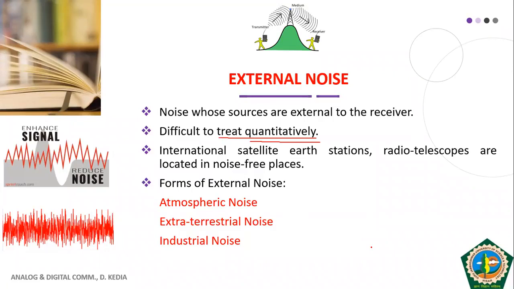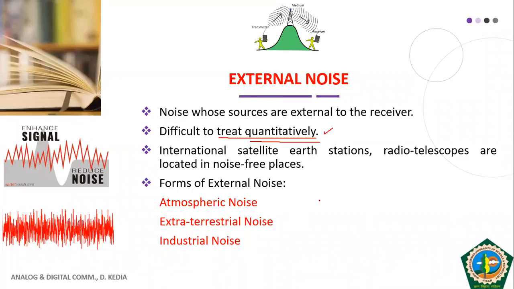Once we analyze the type of noise and its effect using some mathematical expressions or other terms, only then can we design a system. So treating noise quantitatively or mathematically is very, very important. The problem with external noise is that it is very difficult to treat quantitatively.